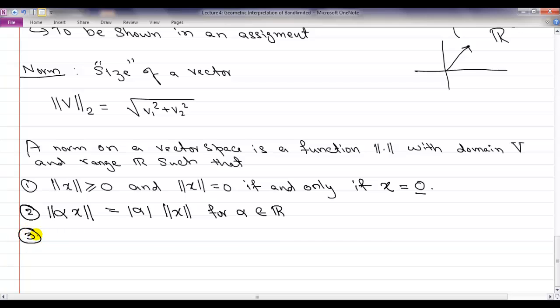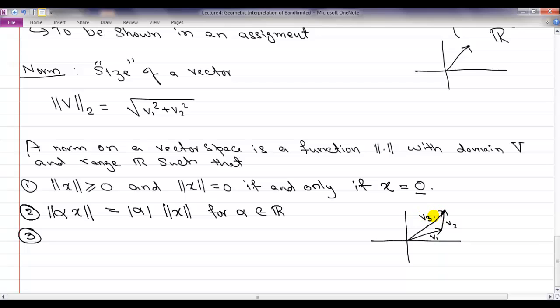And the third property, which is again very intuitive in R2. Let's say you have these three vectors in R2, v1, v2, and v3.